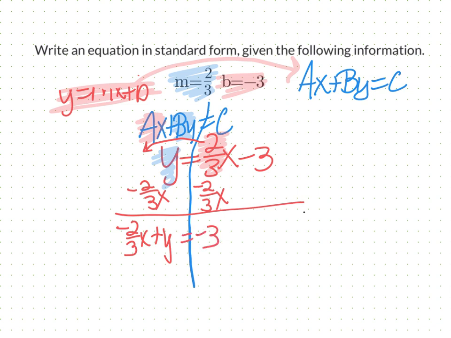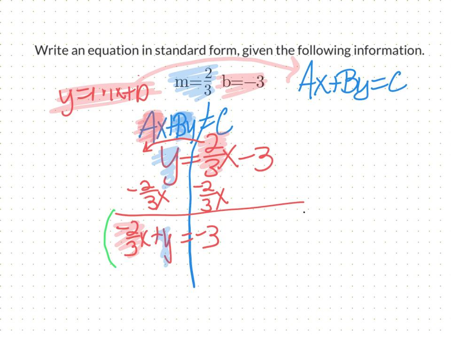Okay. Now, I know there's a lot going on here, but if we look, we have our Ax term and we have our By term. Now, the problem is A has to be a positive number that's not a fraction, so a positive whole number.